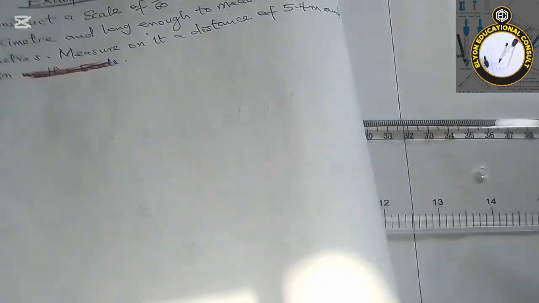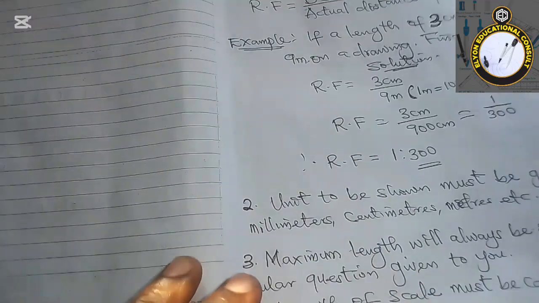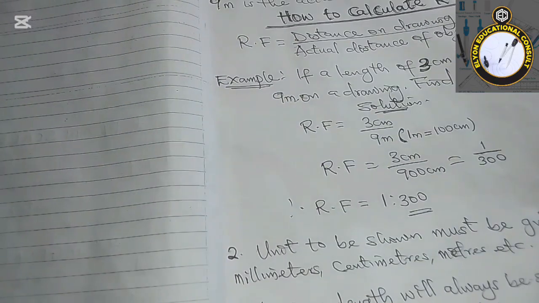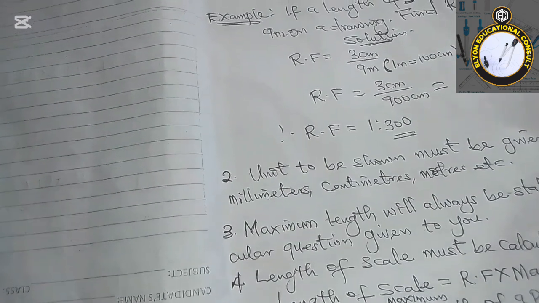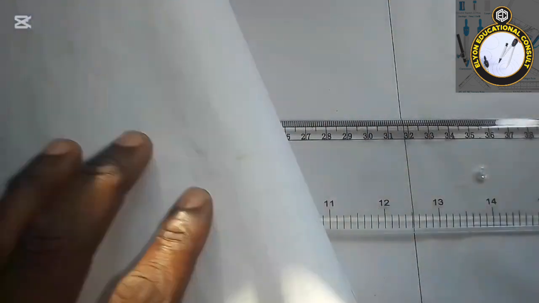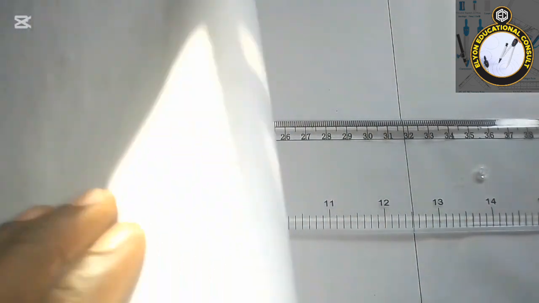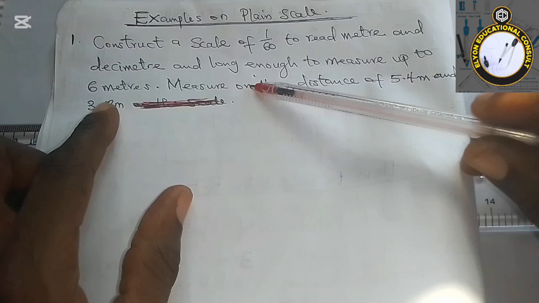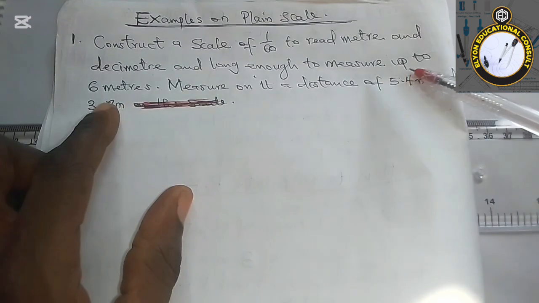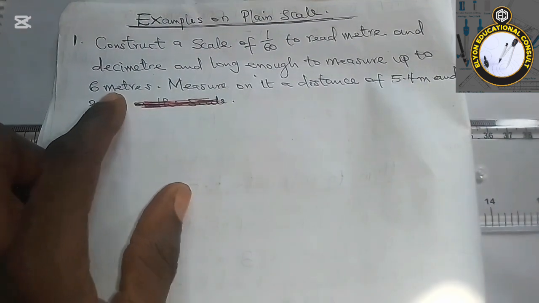Then the next thing we find out is the maximum length of the scale. The maximum length of the scale is 6 meters, because the question says long enough to measure up to 6 meters.